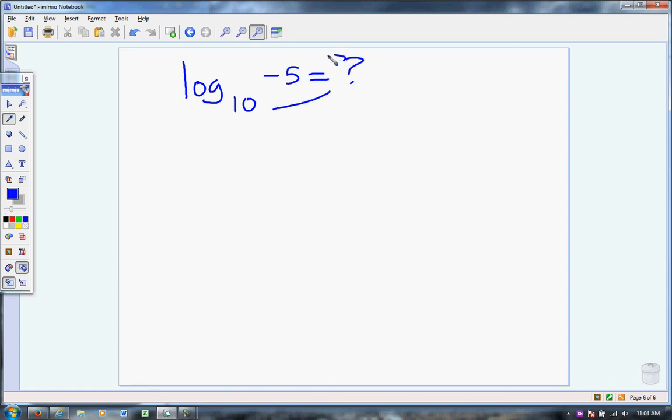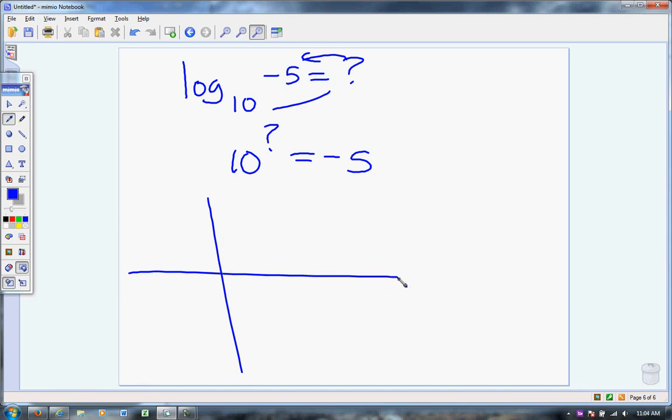Do the switcheroo. There is no way to raise 10 to a power and get a negative number. You cannot raise a number to a power and get a negative number. That is why when you look at the graph of log, it doesn't exist over here. Okay? It's not in the domain. All right? And we're going to stop there for today.